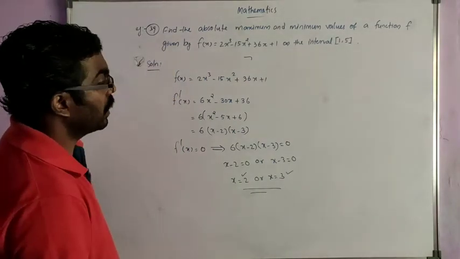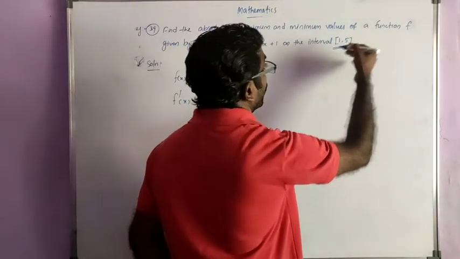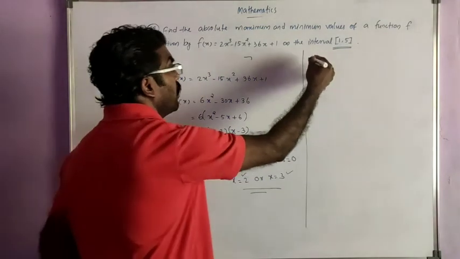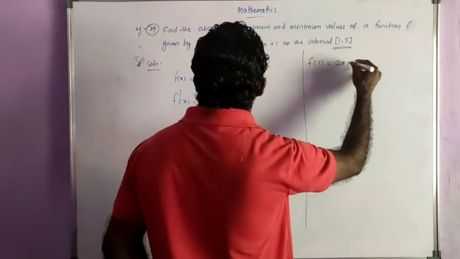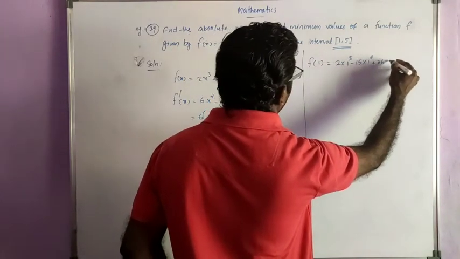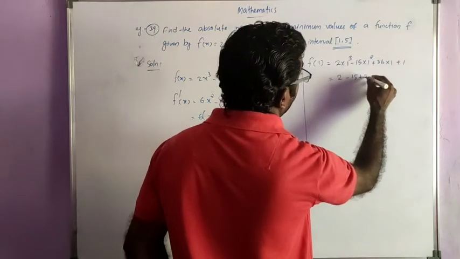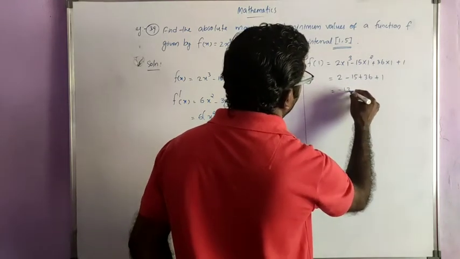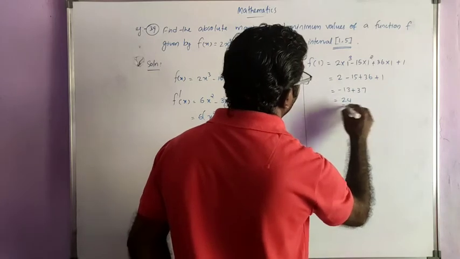Now we take the end points of the interval, 1 and 5. First of all we find f of 1: 2 into 1 cube minus 15 into 1 square plus 36 into 1 plus 1, which is 2 minus 15 plus 36 plus 1, equal to minus 13 plus 37, equal to 24.